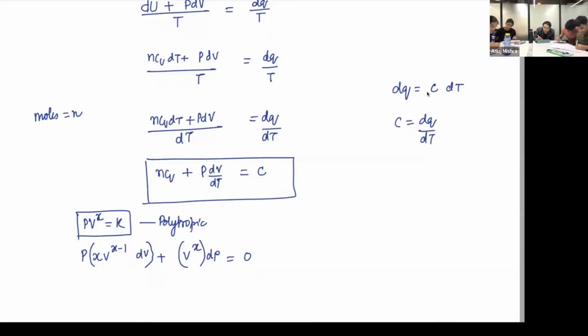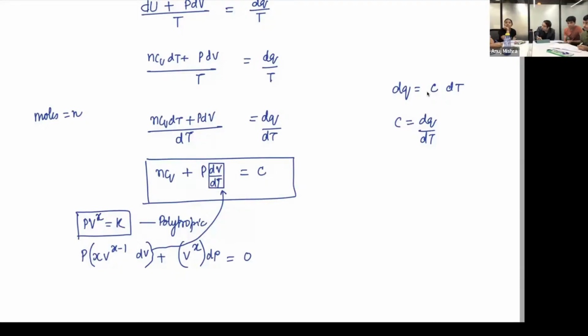Put the values of the equation there. Can you get dV over dt from here and try to put it here and come up with the final numbers? How much is C coming as? Try to get the final numbers. See, in this C, what is not known to us is dV over dt.